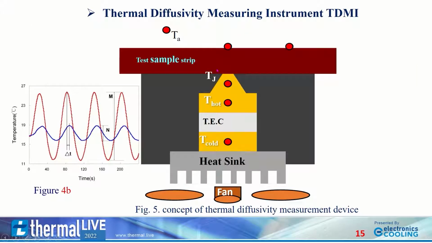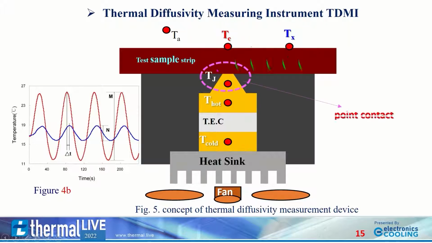Figure 5 shows the concept of the thermal diffusivity measurement device. The heat source heating power is input as a sine wave, and the test strip is placed on top of the heat cover block, and the two temperature sensors T sub c and T sub x are respectively installed on the sample strip to be tested.